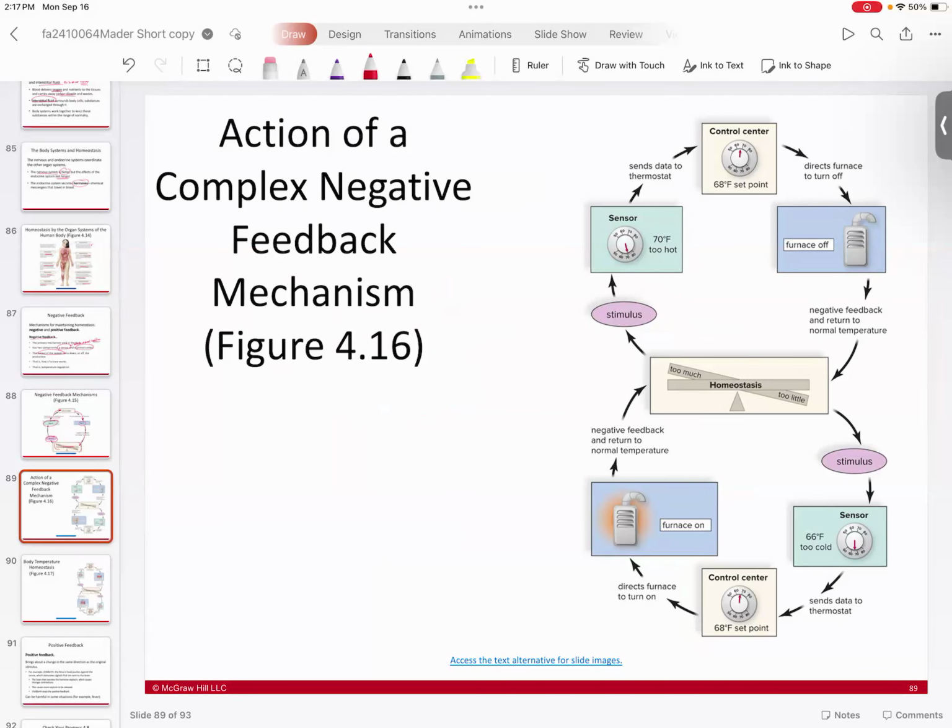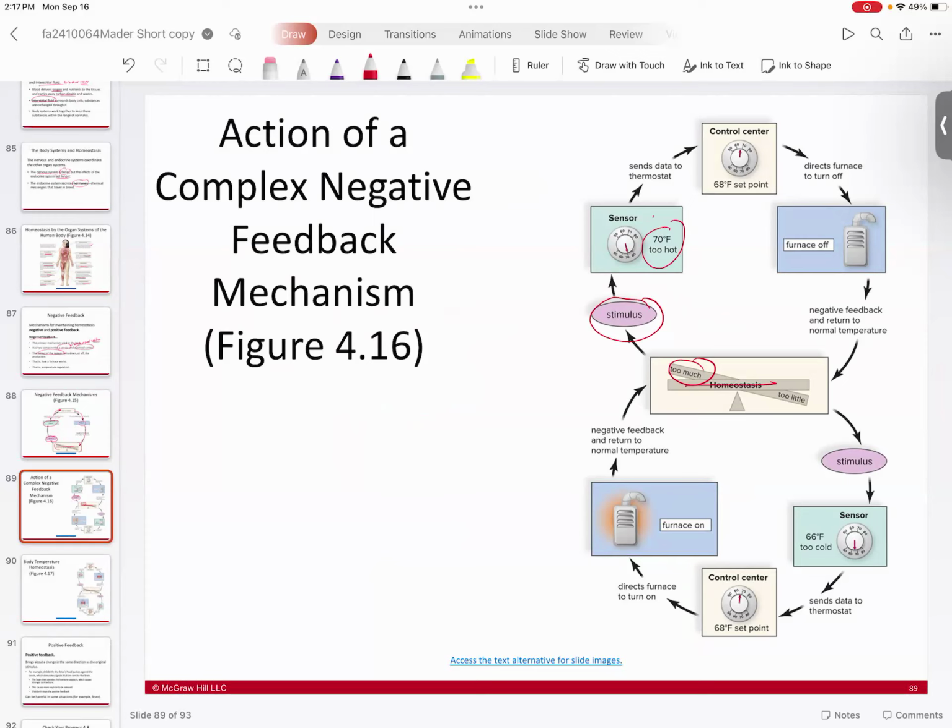It's very similar to the way your thermostat works. So for instance, if the temperature in your house becomes too hot, you have some sort of a sensor in your house that picks up that temperature, yes? So that sensor will say, okay, 70 degrees, it's too hot, right?